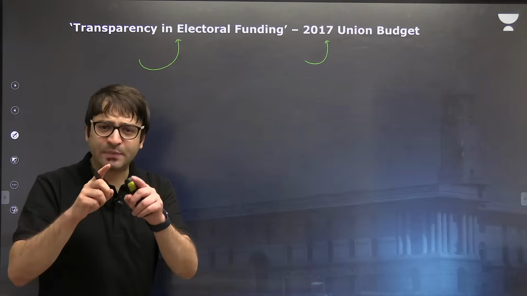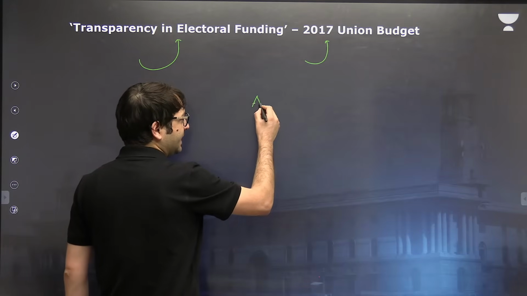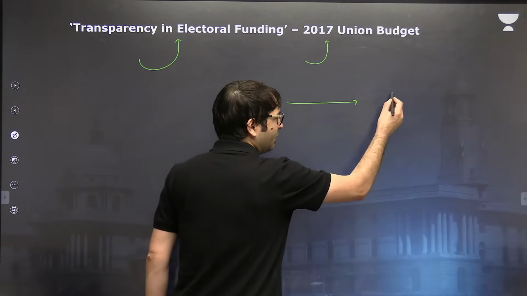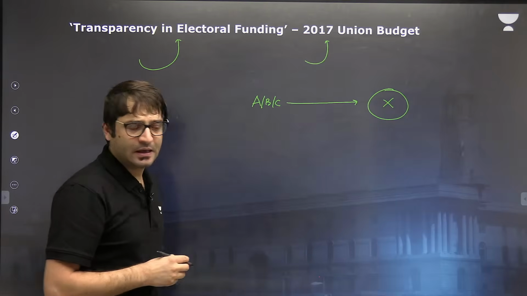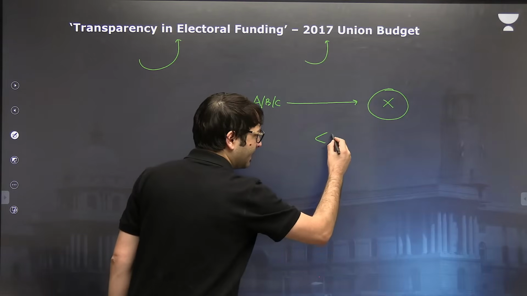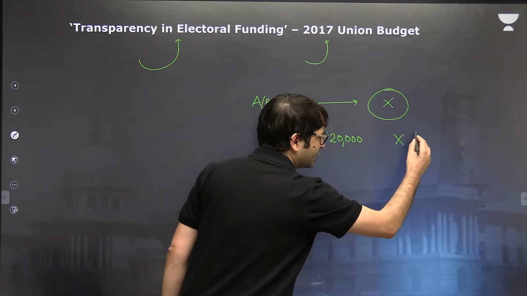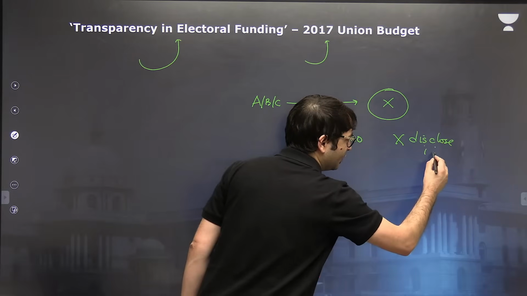How? Let me give you an illustration. If there are entities A, B, or C, and they want to donate money to a political party X, for any contribution less than 20,000 rupees, there is no need to disclose the identity of the donor.